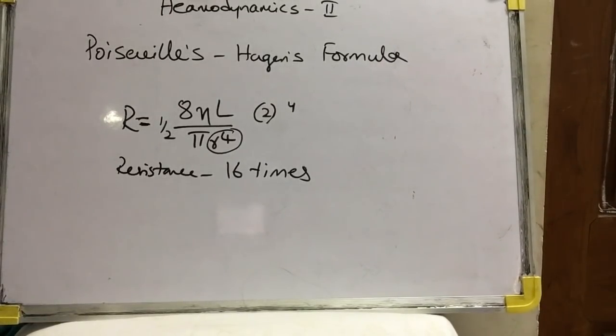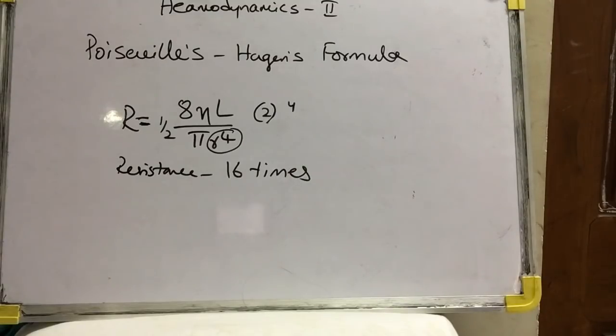So the flow varies directly with the fourth power of the radius, and blood flow is markedly affected by a small change in the diameter of the vessel wall. That means if the vessel wall is changed minimally, then also you can see a marked change in the blood flow. And the blood flow becomes double in a vessel by just increasing the radius by about 20%.